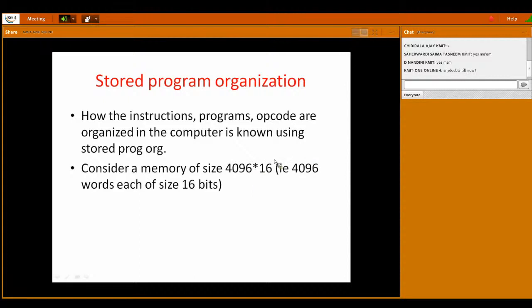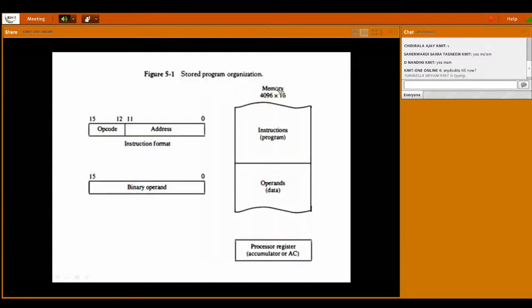In the first unit also I explained that we are considering a basic computer of size 4096 by 16 bits, which means that it contains 4096 words. The size of a word is 16 bits. The computer contains 4096 different memory words.